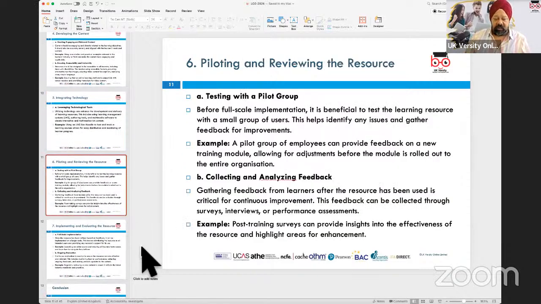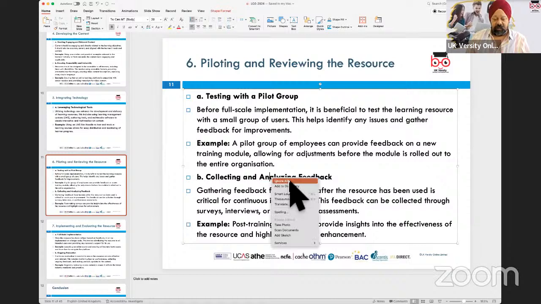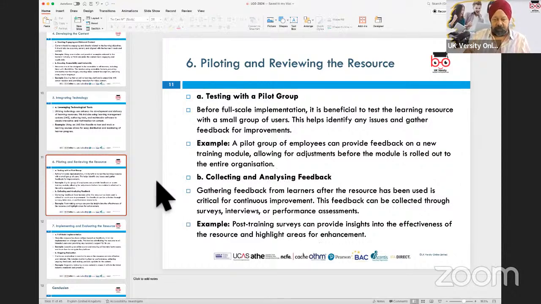Then even before this is launched, we need to make sure that the content that has been created is fit for purpose. So there's a pilot phase which it goes through, and in some cases, when we do the first teach of courses, we will look at chopping and changing some part of the content in the material, because we feel that as we designed it, it did not meet the requirements, and sometimes you have to adapt the teaching and learning material to meet the requirements of the learner.